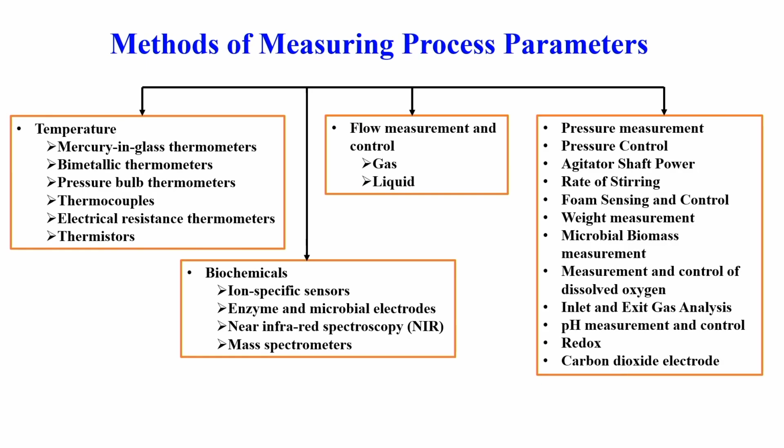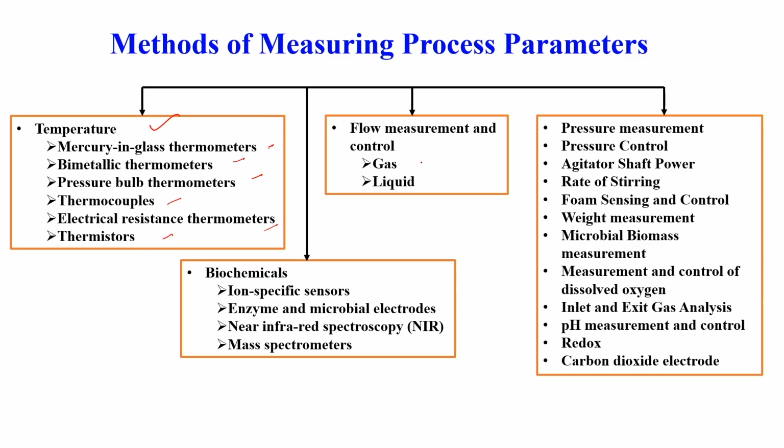So, here you can see how some of these key parameters are monitored, particularly you start with the temperature, the most common one. There are various methods like mercury in glass thermometer, bimetallic thermometer, pressure bulb thermometer, thermocouples, electric resistance thermometer and thermistors.